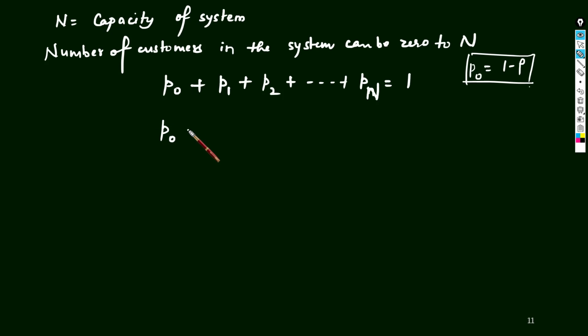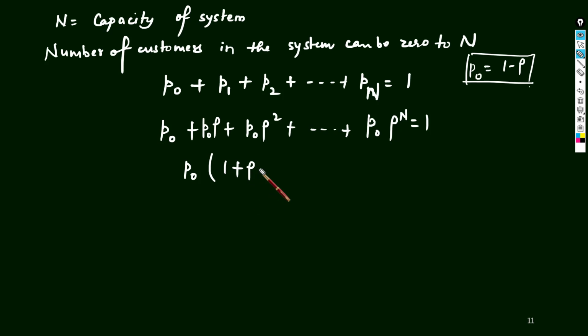Let us see: P naught into rho plus P naught into rho square plus up to P naught into rho to the power n is equal to 1. So P naught is taken out and 1 plus rho plus rho square up to rho to the power n is equal to 1.